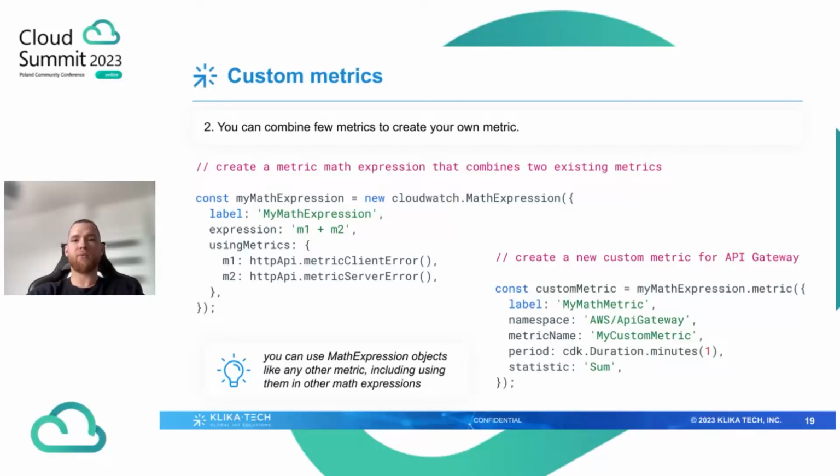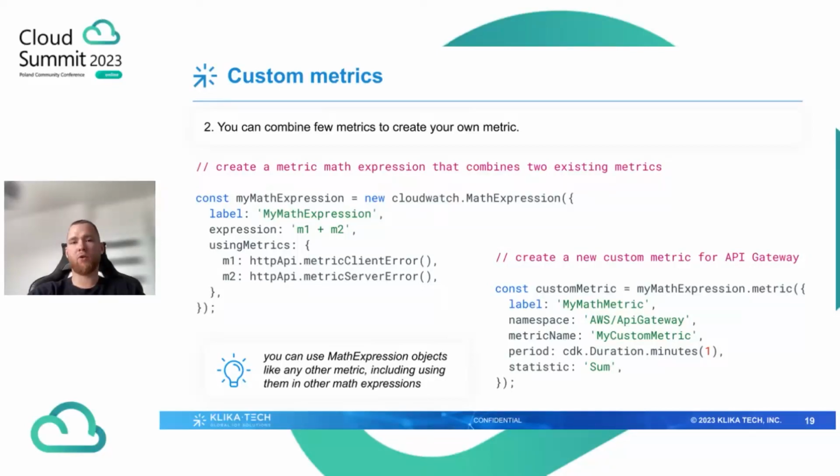These metrics are defined using the usingMetrics property, which references the metric client error and metric server error of the API Gateway entity. The custom metric is then created using the metric method of the math expression object.